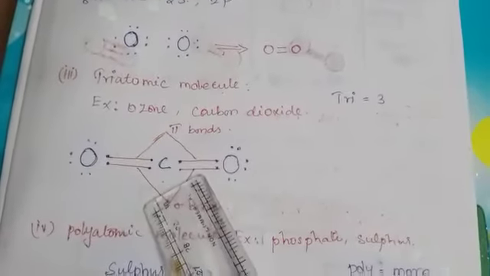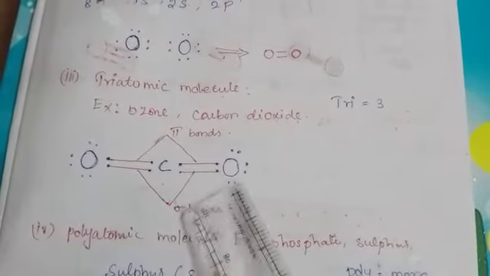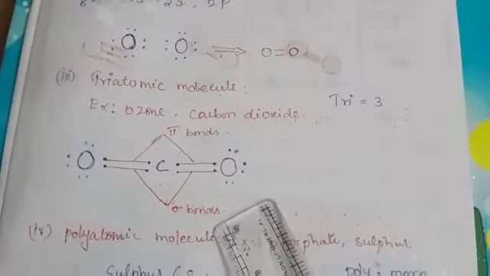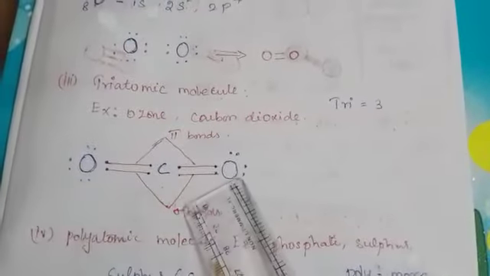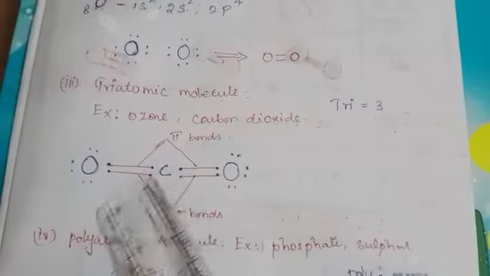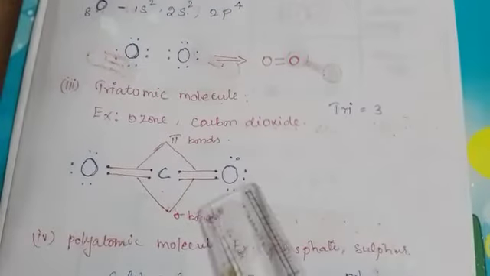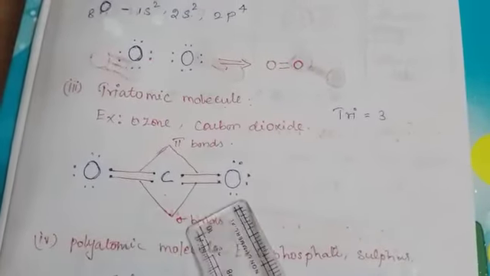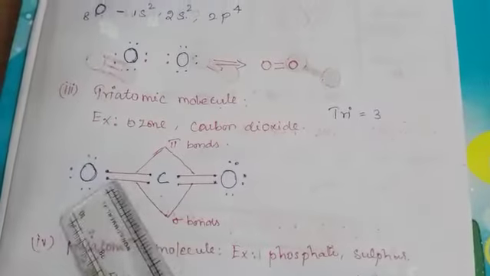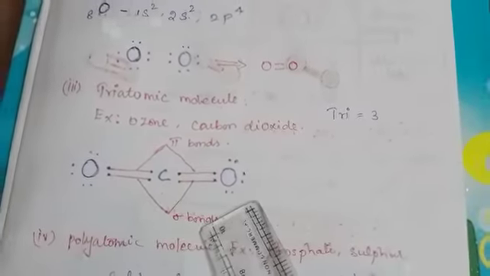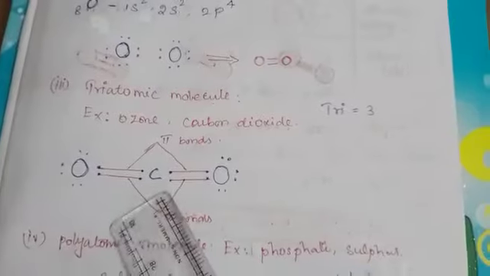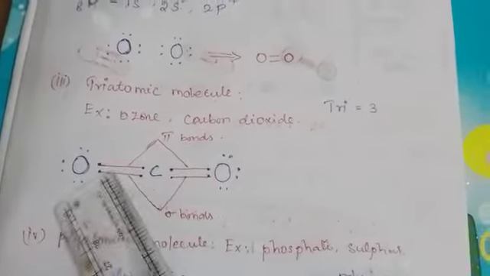It supplies 4 single valence electrons. Each oxygen atom supplies 2 valence electrons. A total of 8 electrons are mutually shared by one carbon atom and 2 oxygen atoms to form O-C-O double bonds.